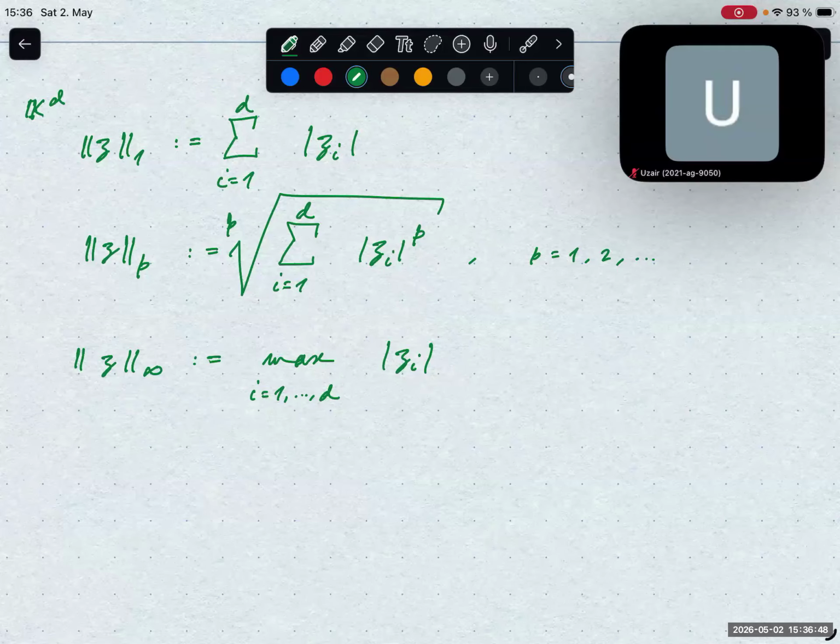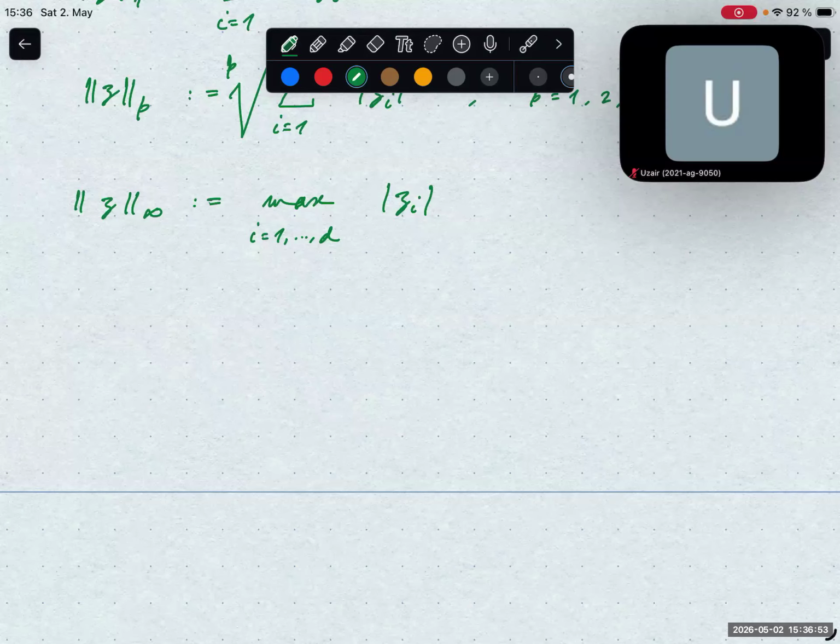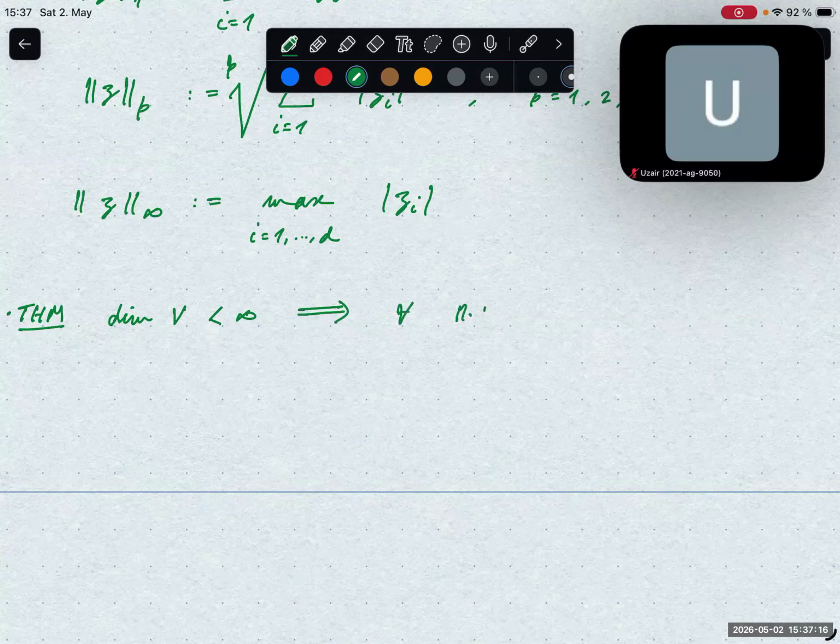And the question I asked is based on the fact that, theorem: if the dimension of a vector space is finite, then all norms on V are equivalent.